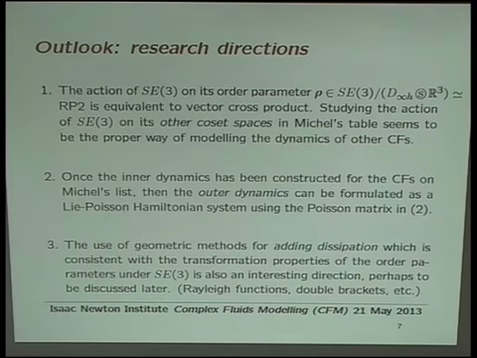And also, once we're in this framework, then we can do more than just add this diffusion. We can add a type of dissipation that respects the geometry of the variables that have the Hamiltonian or the Poincare variables.